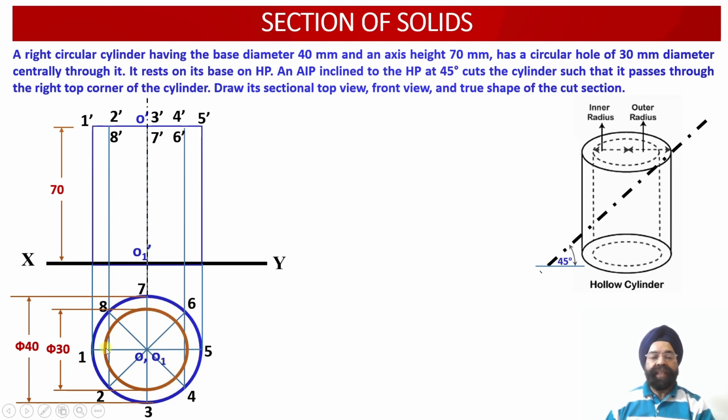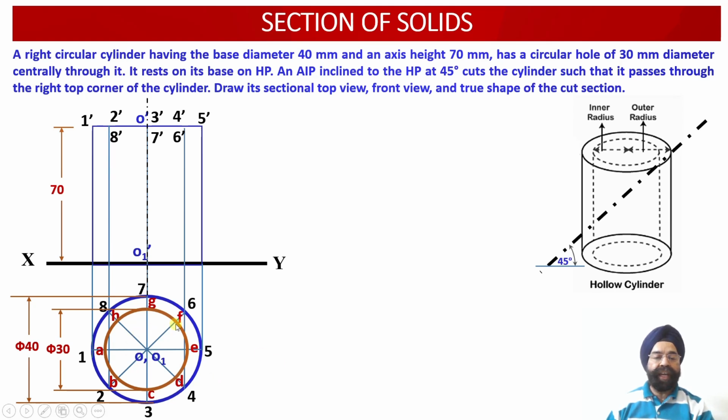Again this inner circle corresponding to the hollow cylinder has been divided into 8 equal parts, and the 8 points have been marked as A, B, C, D, E, F, G and H. So the 8 sectors corresponding to the interior circle, that is the hollow part, have been marked, and again the sector angle is 45 degree.